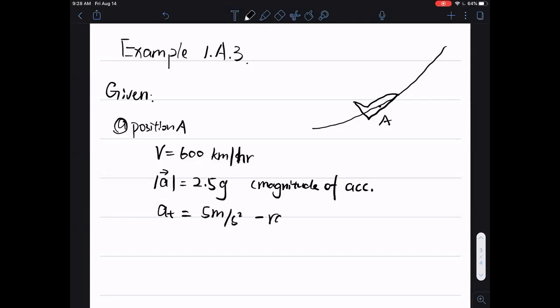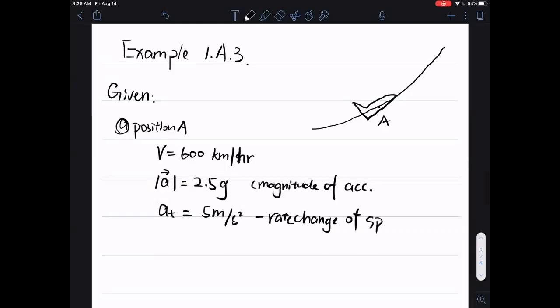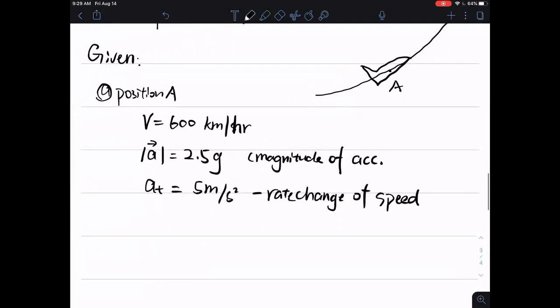This is called rate of change of speed. And those are all the given information we know. In this problem, we want to find the radius of curvature, which is rho.